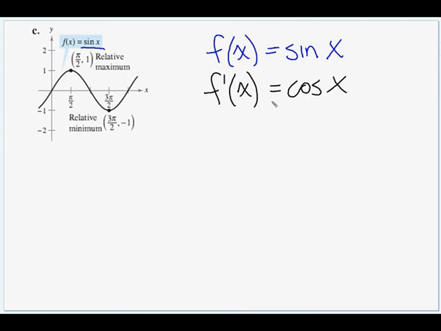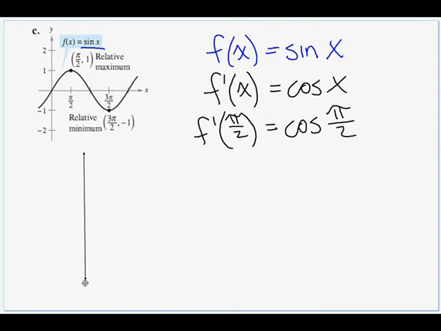So let's evaluate this derivative at the given possible extrema. F prime of 1/2 pi is equal to the cosine of 1/2 pi. What is the value of cosine at 1/2 pi? Well, if we think back to the unit circle, at least here are our axes, and our most important points on there are 1, 0.